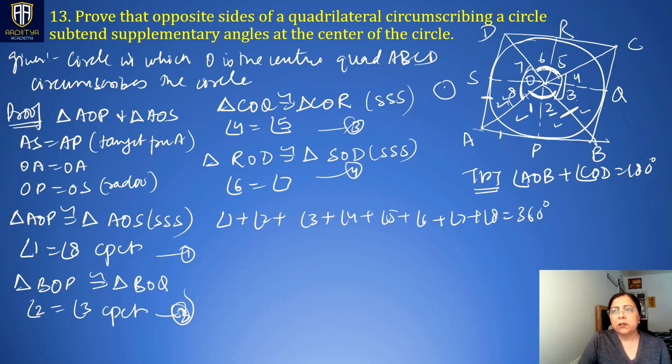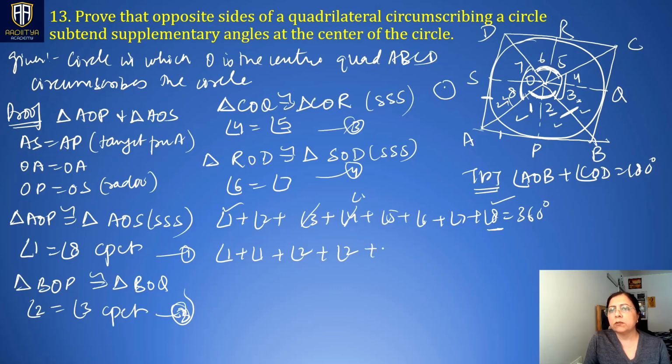Now we have to be very careful. 1 is equal to 8, so in place of 8, I am writing 1. Angle 2 is equal to angle 3, so in place of 3, I am writing angle 2. 4 is equal to 5, so I am eliminating 4 and writing it as 5.